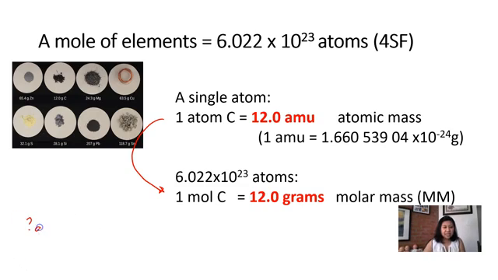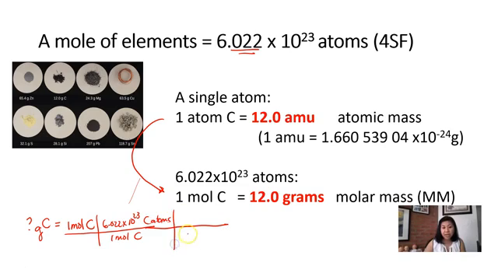What is the weight in grams of one mole of carbon, or a group of carbon? We know that a group of carbon, or one mole of carbon, contains Avogadro's number, 6.022 times 10 to the 23 carbon atoms. We know the weight of a single carbon atom. One carbon atom weighs 12 AMU.